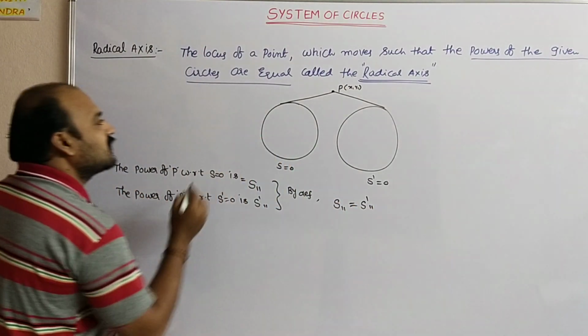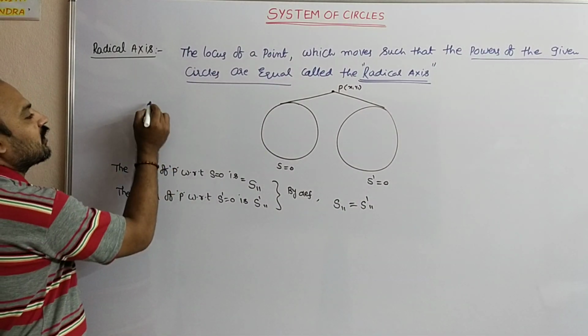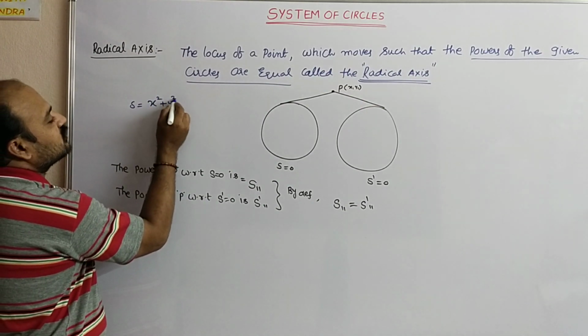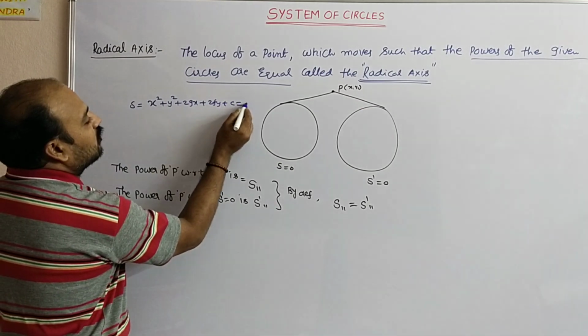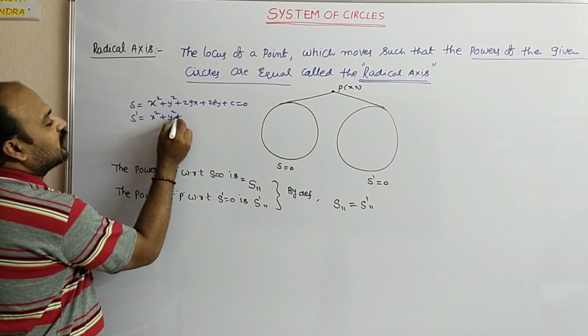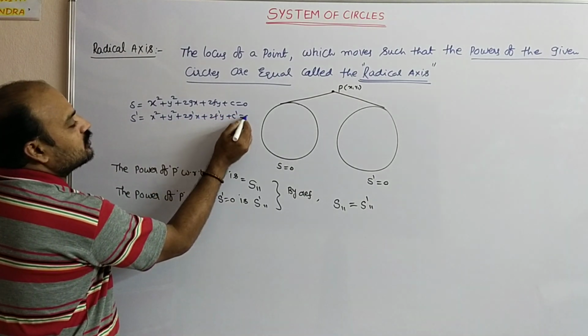What does S generally represent? S is x square plus y square plus 2gx plus 2fy plus c equal to 0, and S dash is x square plus y square plus 2g dash x plus 2f dash y plus c dash equal to 0.